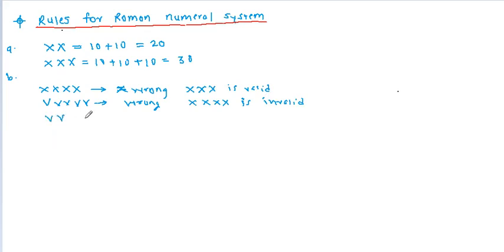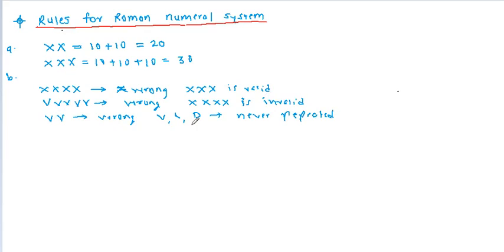So we also... written only once. So writing V 2 times or more than 2 times is invalid. So these 3 symbols V, L, D are never repeated.